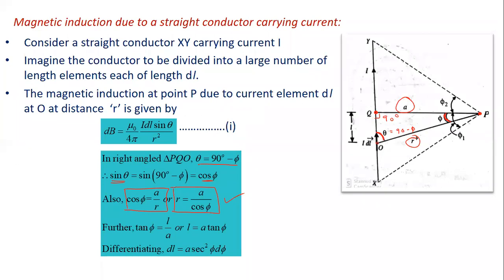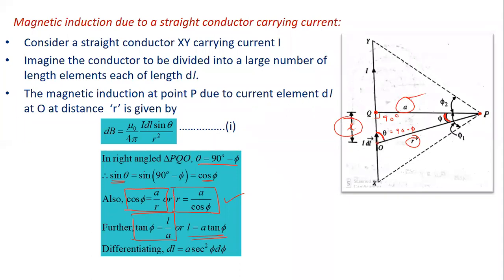Tan means what? Opposite by adjacent. Here the opposite side we consider as L and the adjacent is A. So tan phi is equal to L by A. So L is equal to A tan phi. So we get the formula of L. Now we differentiate it.